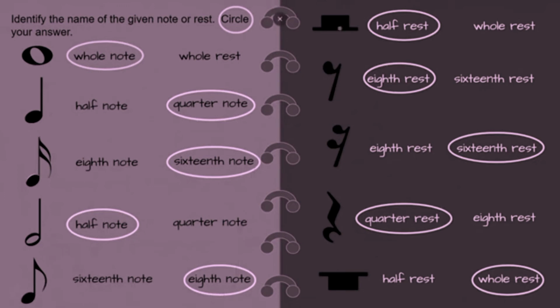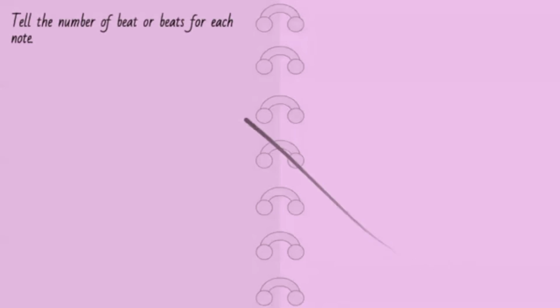For this one, facing upward, half rest. This one, 8th rest. Okay. For this one, this is called 16th rest. This is a quarter rest. And for the one facing down, that's whole rest. Okay, let's proceed to our next one.